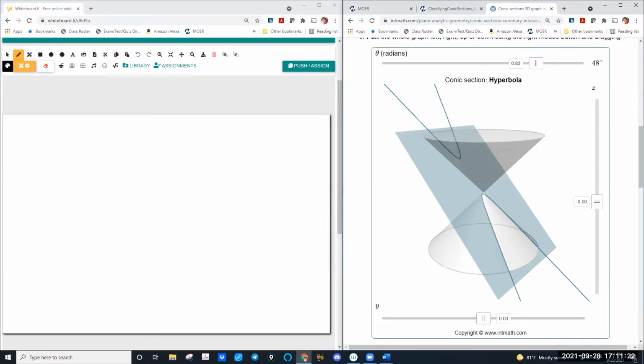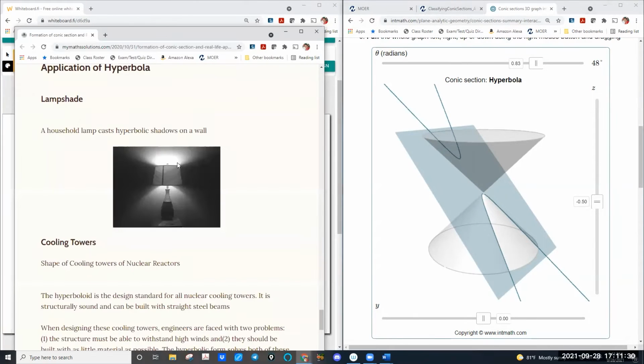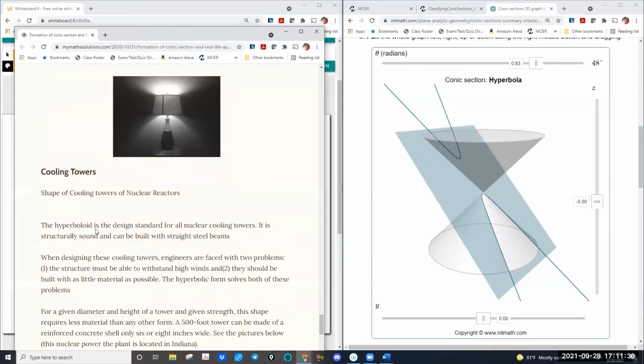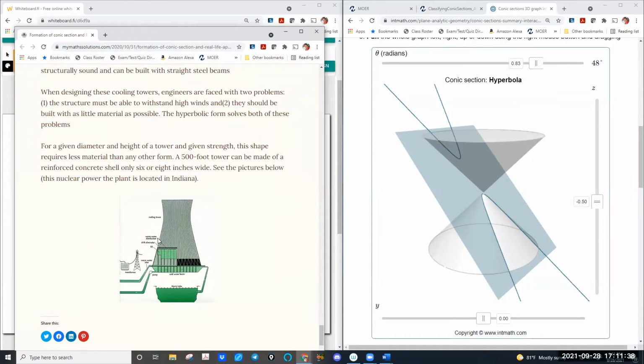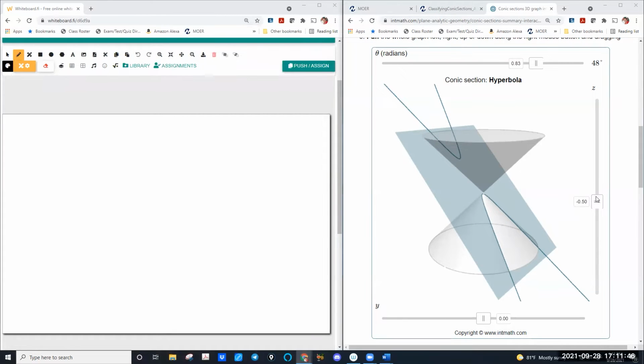Paths of particles. Lamps actually create a hyperbola. Right here, if you have a shade on the lamp, it creates a hyperbola above and below. Cooling towers of nuclear reactors are hyperbolas. So they show up quite often.